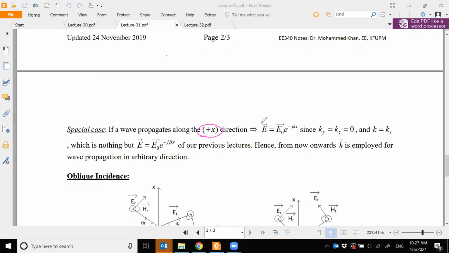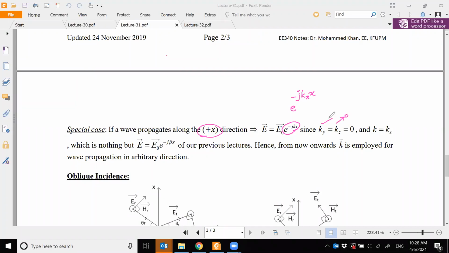My E bar, which is E naught, will become e power minus j Kx x only, because it doesn't have any component in the y direction or the z direction.